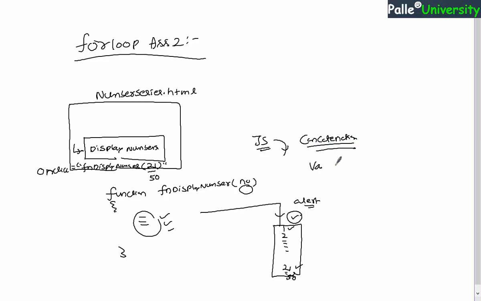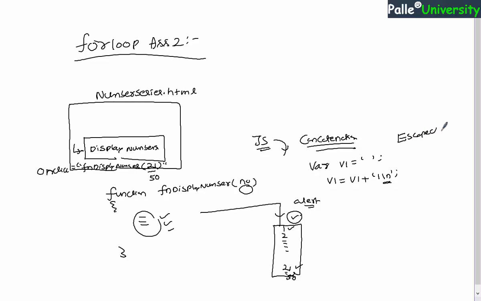Let us say I am having a variable something like this: var v1 is equals to, let us say, some empty data inside single quotation. Now let us say I have written v1 is equals to v1 plus single quotation 1 slash n. What is this slash n called as? This is technically called as escape characters.